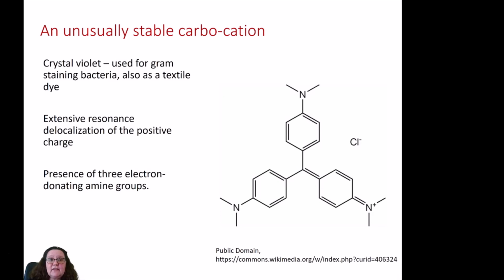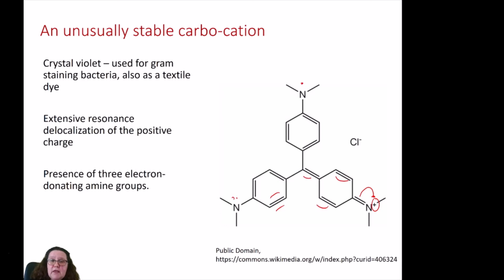In this case, the structure is showing the positive charge sitting on one of the nitrogens, but it is possible to have resonance structures in which the positive charge moves across the double bonds and the nitrogens from the structure.